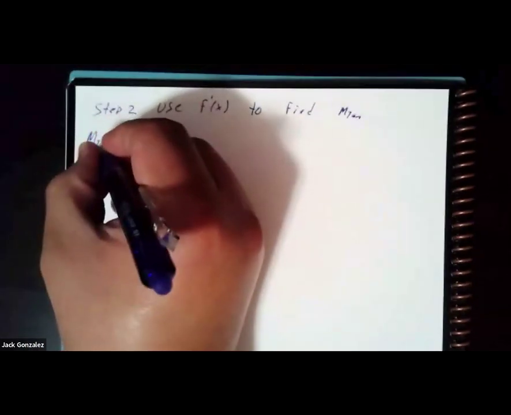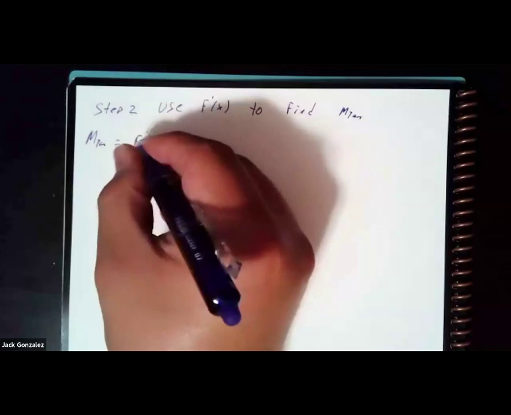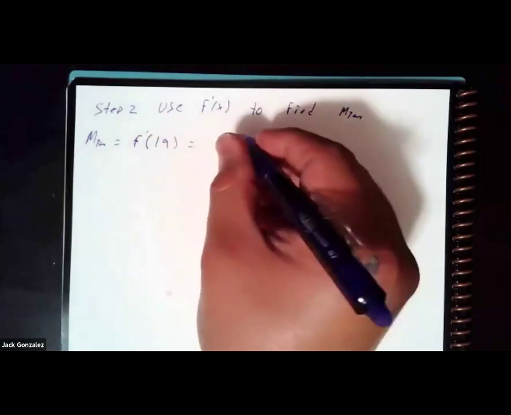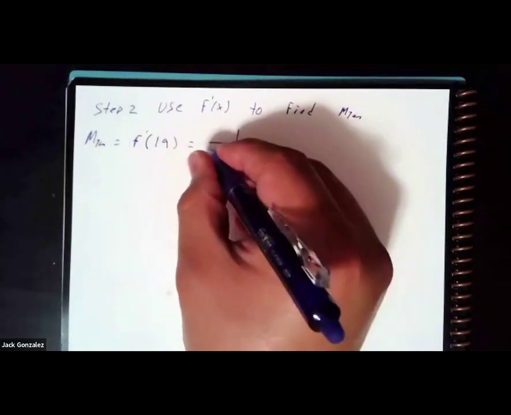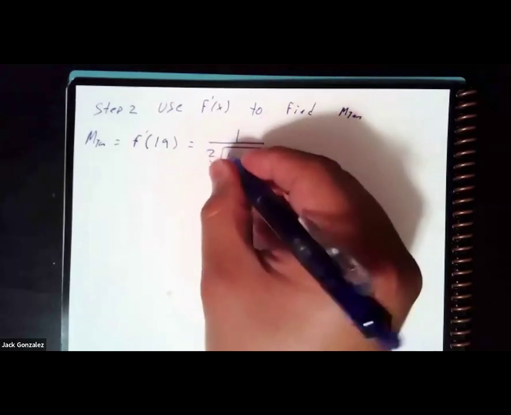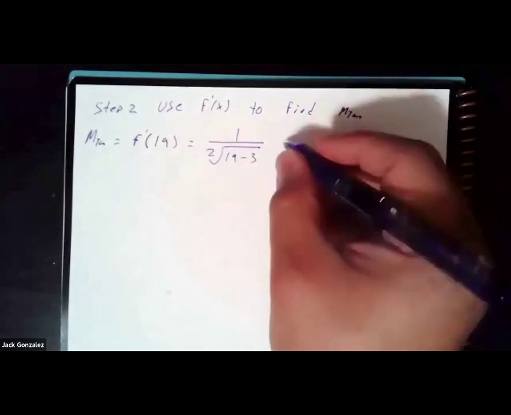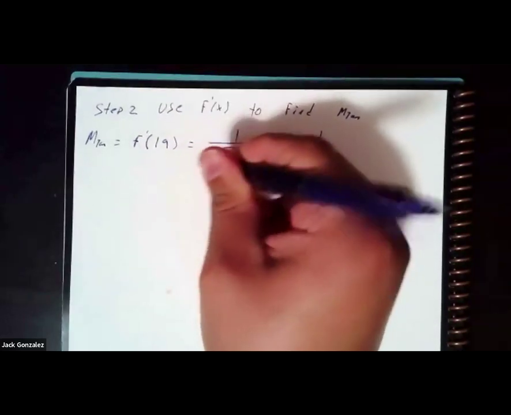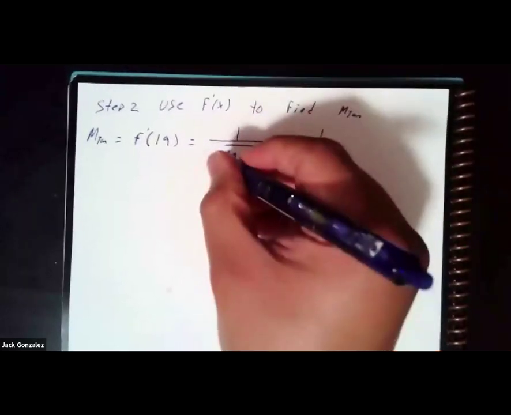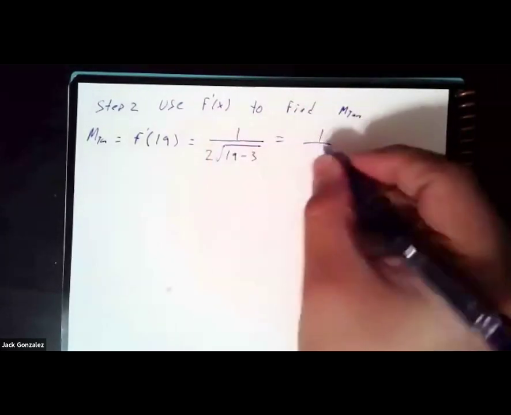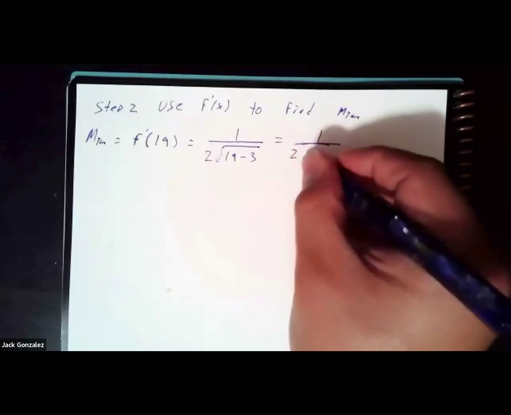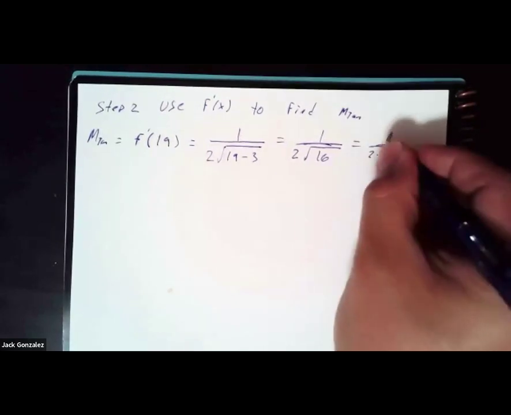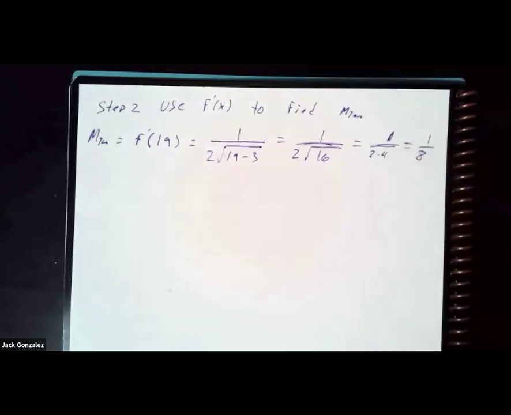So m tangent is equal to the derivative at 19, which is equal to 1 over 2 square root of 19 minus 3, which will be 1 over, that looks weird, 1 over 2 times 4, which is 1 over 8.